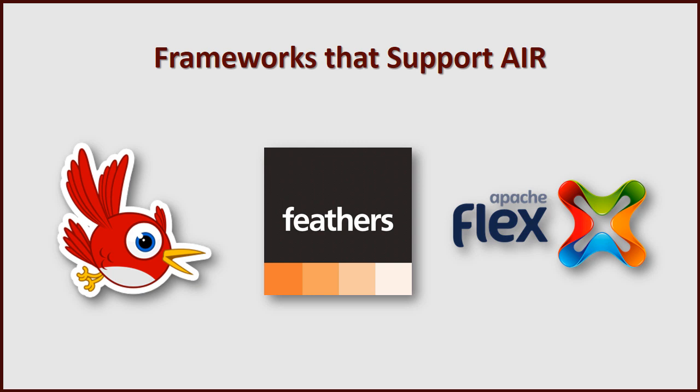What makes Starling different from Apache Flex is that Apache Flex uses the traditional display list. So kind of the stuff that you've used if you've done any Flash development in the past however many years, right? So 20, 25 years, however long it's been.